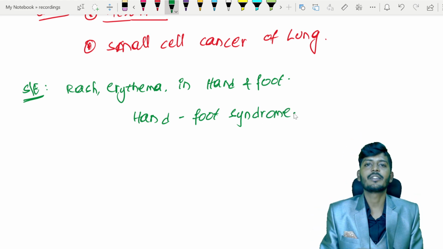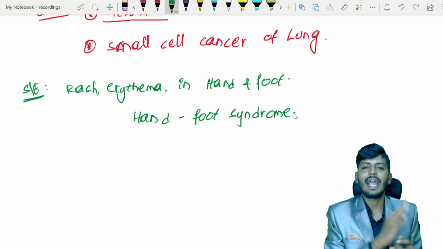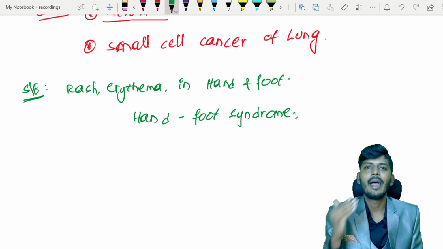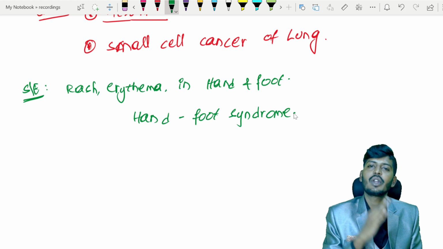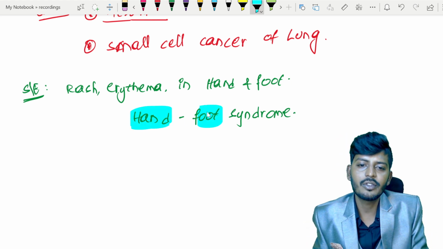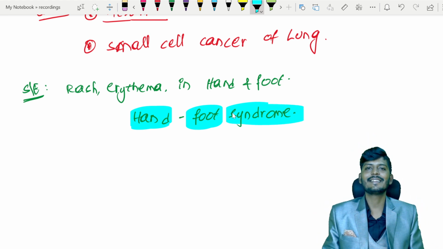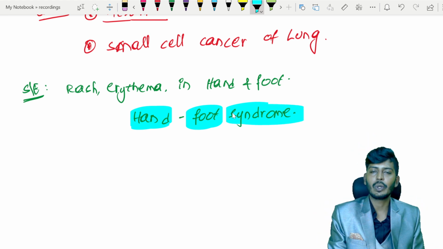Hand foot syndrome is caused by which anti-folate drug? Which of the following anti-folate drugs causes hand foot syndrome? Can be a very potential MCQ. Hand foot syndrome is caused, very importantly, by Pemetrexate, which is a congener of methotrexate.